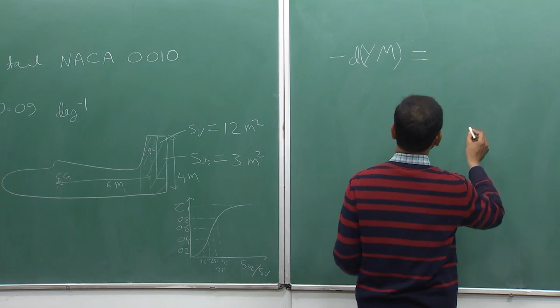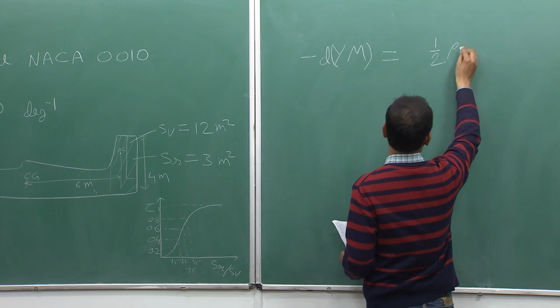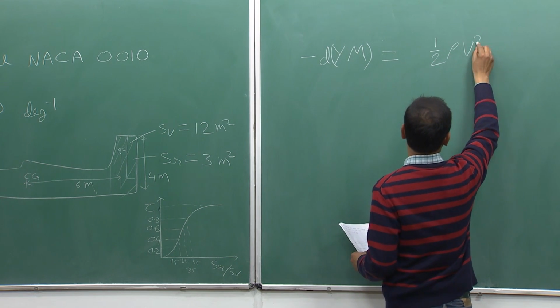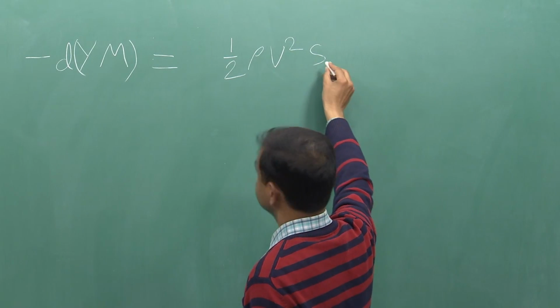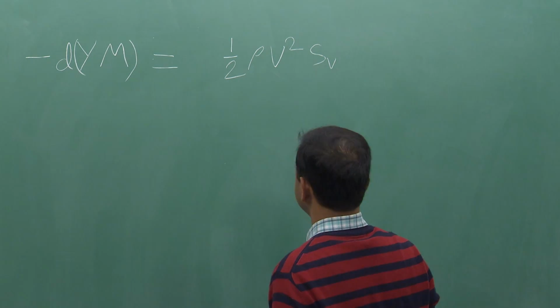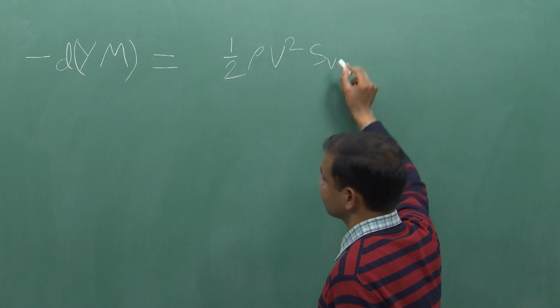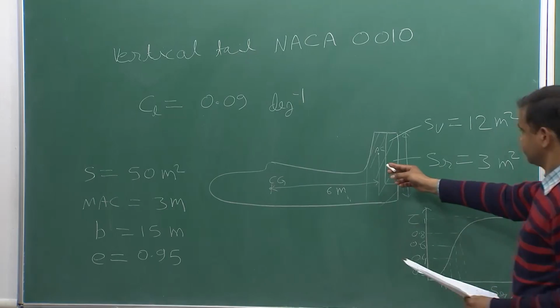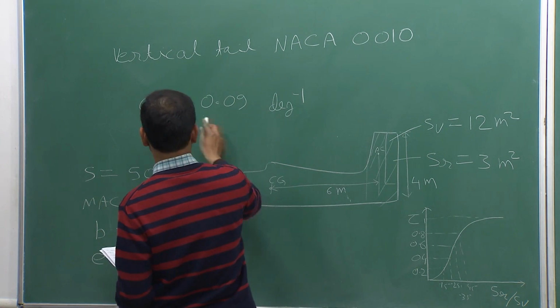So, this we can write the area of tail, that is SV, and we need the lift coefficient of this vertical tail, and we have the 2D lift coefficient.